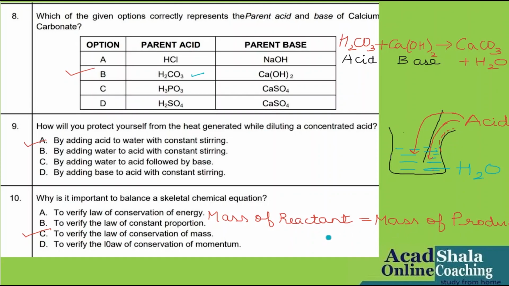This should always hold according to the law of conservation of mass. Now there is an elaboration in class 10. Of course, balancing is important to verify the law of conservation of mass. So I will choose the correct option among the four. C is the correct option.